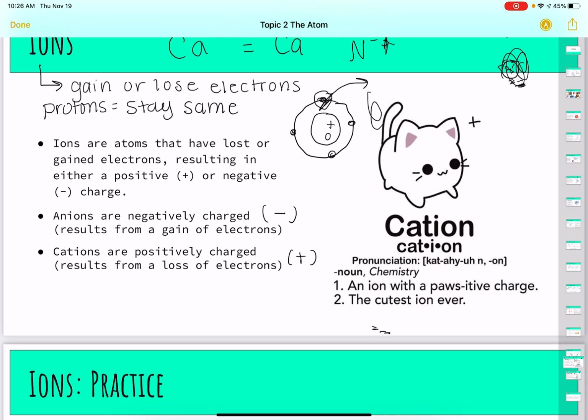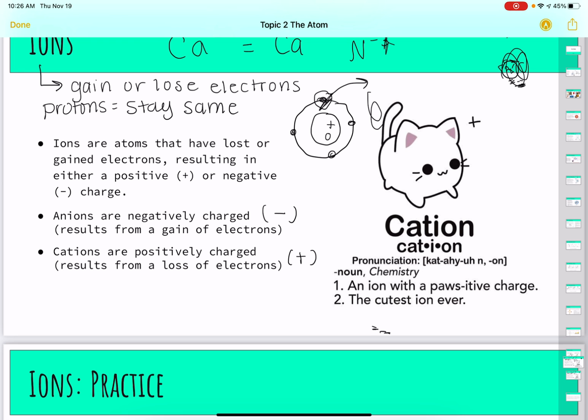So cations are positive. To me, I always remember cats are positive because I love cats. And negative is anions, and I think of ants. I hate ants and I love cats. So cats positive, ants negative. Whatever you need to remember, that's just a way I have remembered in the past.